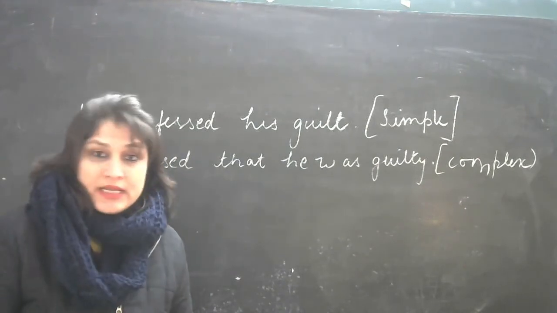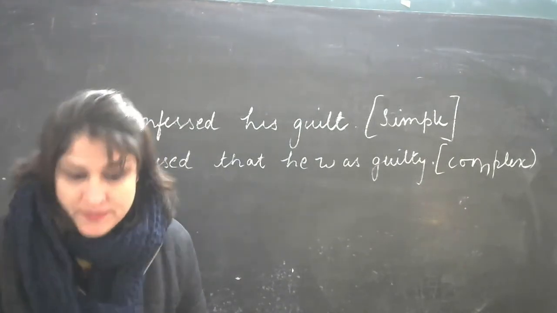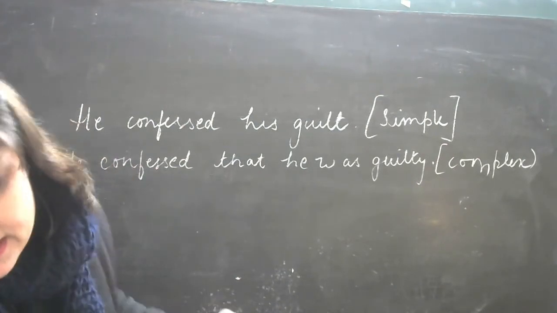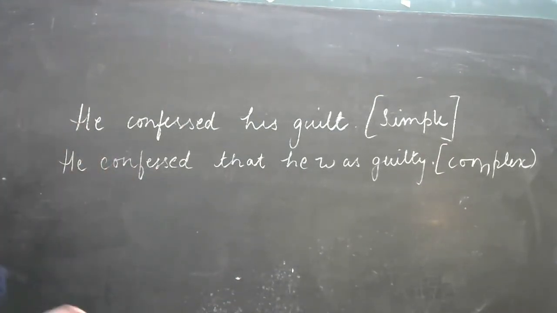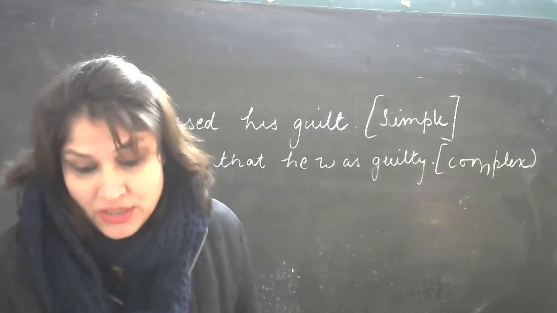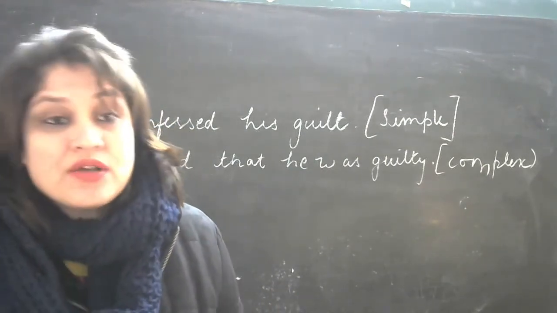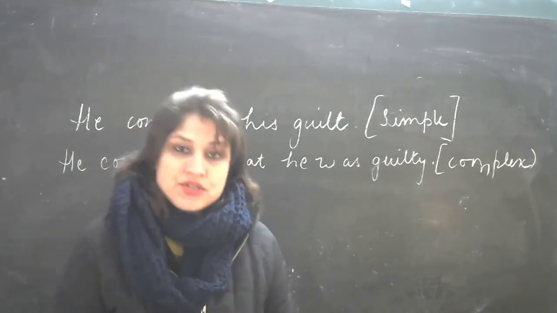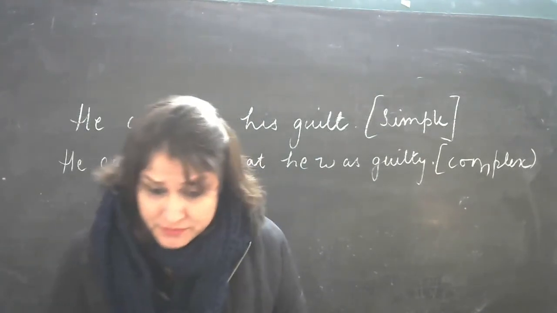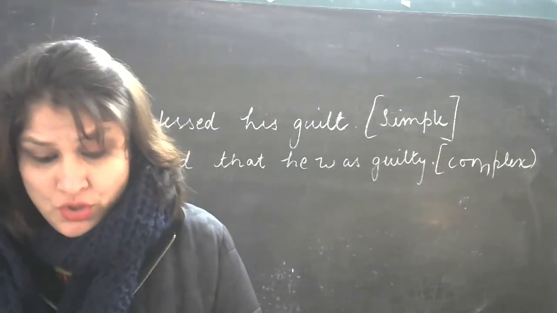You can go back and check whenever you want. Okay, let's see the next sentence. He wished to serve his country. I'll just read it. He wished that he should do service to his country, or maybe service for his country. Is that clear?